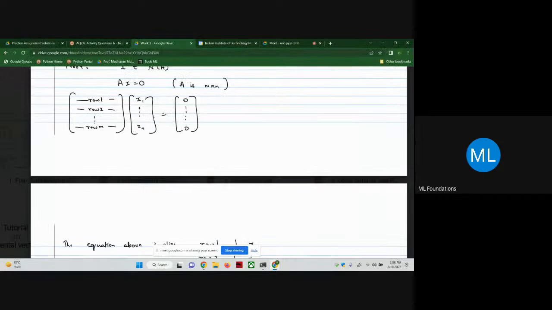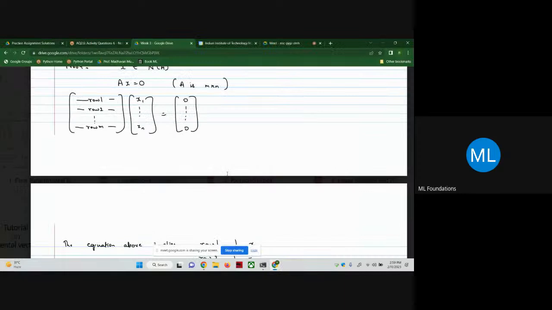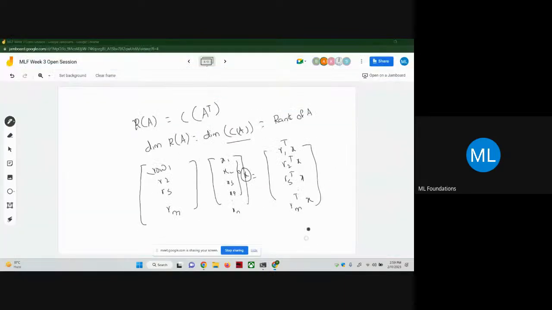Now consider this vector to be belonging to the null space. So Ax will be equal to 0, correct? So basically r1 transpose x is 0, r2 transpose x is 0, r3 transpose x is 0, rm transpose x is 0, correct? So basically each vector from the null space is perpendicular to all the rows here.